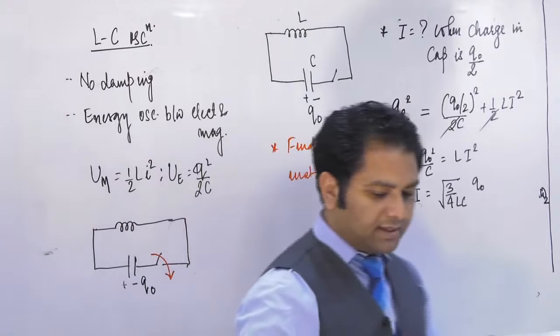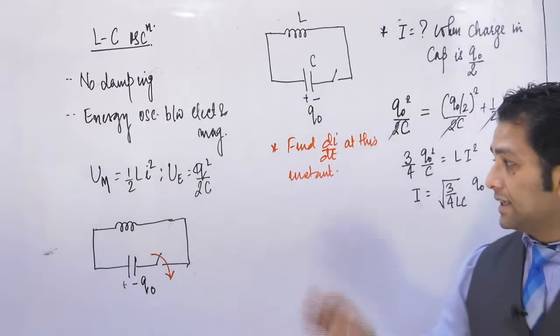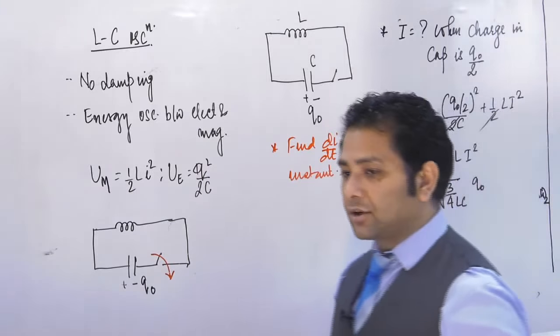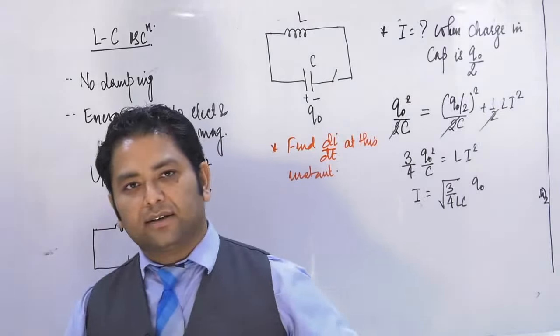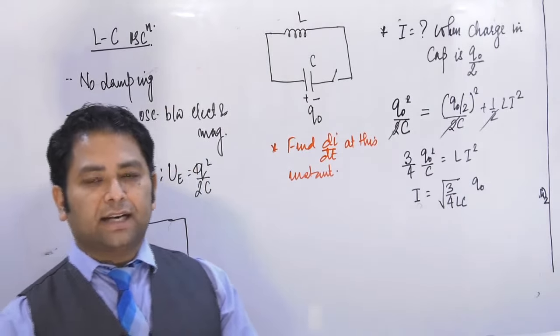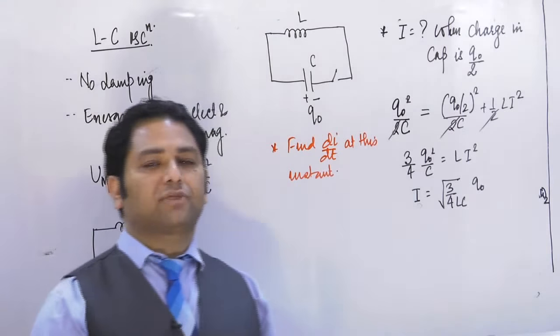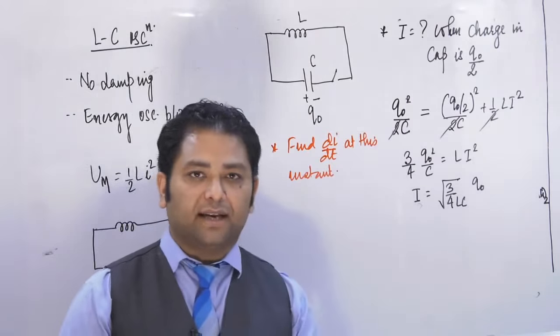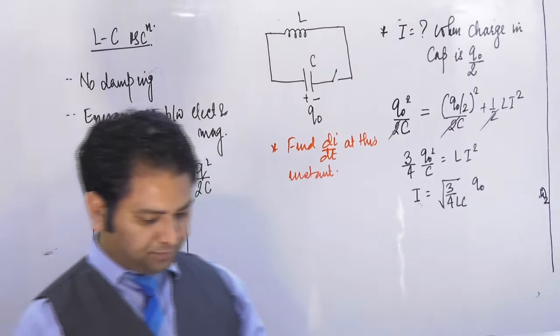You should remember one thing: the current at this instant is this much, but this current isn't constant, it is varying because the energy is constantly fluctuating. So if the current is varying, we would also be interested to know at what rate the current is varying. So please try for that.